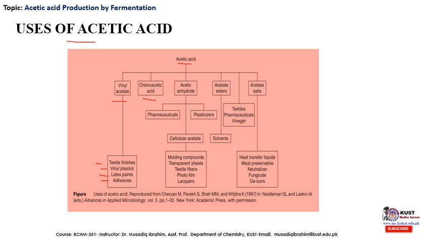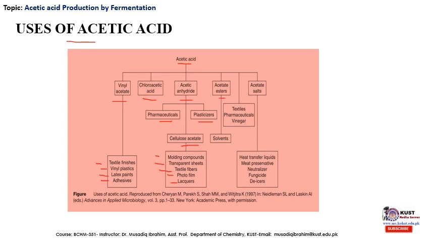Then you have the acetic anhydride, which is used in pharmaceuticals and plasticizers, as well as the acetic anhydride is further modified into cellulose acetate, which is then used in molding compounds, transparent sheets for textile fibers, in the synthesis of photofilm and lacquers.